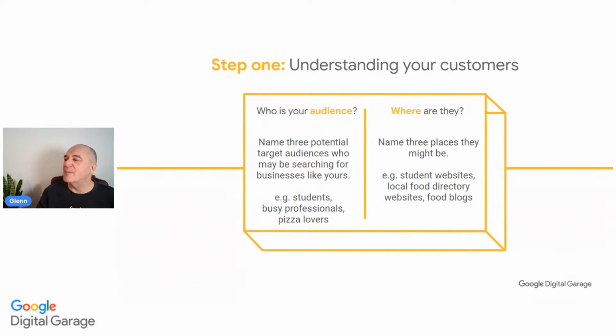So it could well be student websites, local food directories, and food blogs, because again, they're all going to be associated with food. Paulie's Pizzeria, it's food, it's takeaway. And if you know that students are part of your key audience, it could well be a good idea to advertise on student websites where students are already looking.